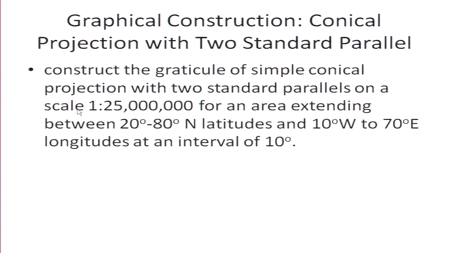The scale is given in the form of a representative fraction, and you must have studied representative fraction in previous blocks related to cartography. If it is given as 1:25 million, then it means that 1 unit on the map represents 25 million units on the ground.